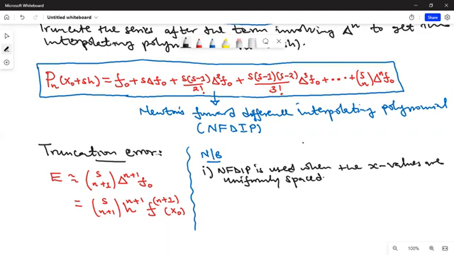That means h is a constant value, and it is used to estimate values of f of x at non-tabulated points, which are close to the beginning of the table.